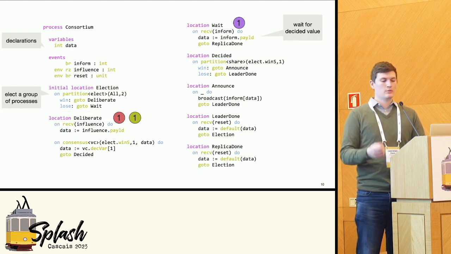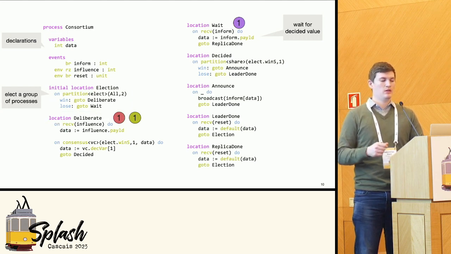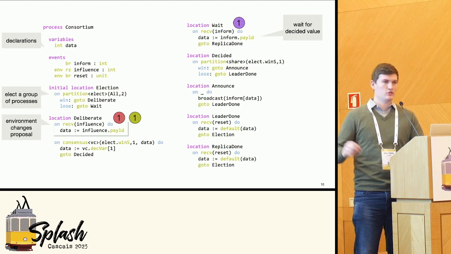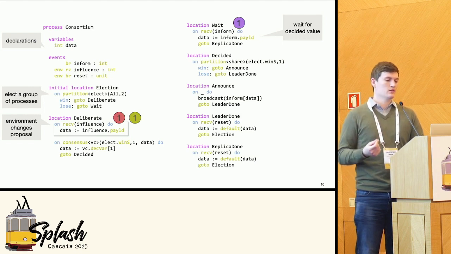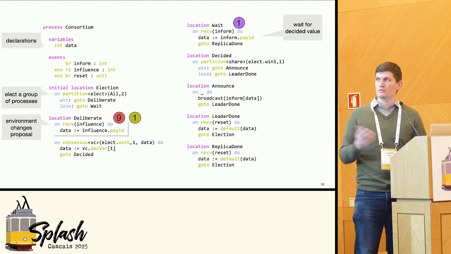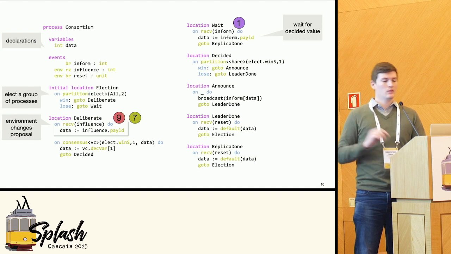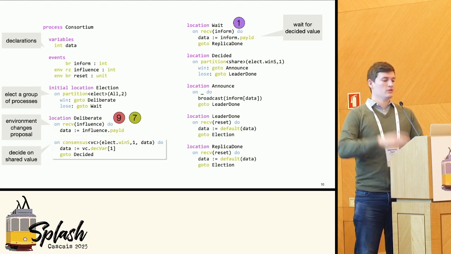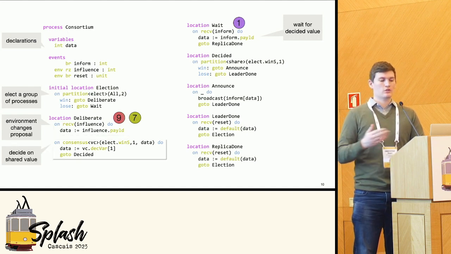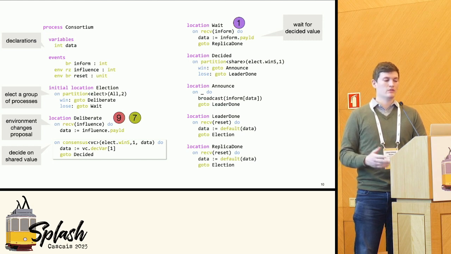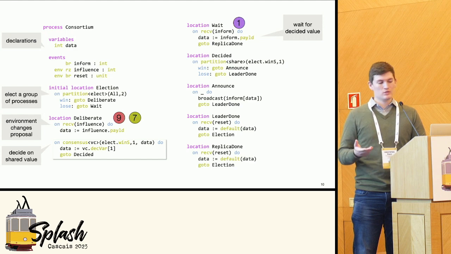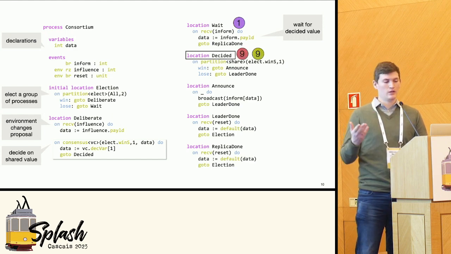Now in the deliberate location, processes may be influenced by the environment to change their proposal value stored in that data variable. Let's say our 2 processes here get the values 9 and 7. Then, at some point, these processes engage in consensus, and they want to determine one value to agree on from the values they propose.